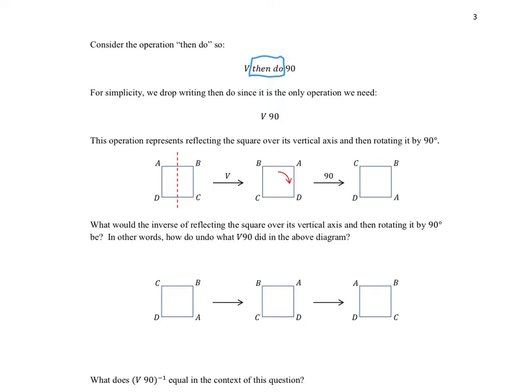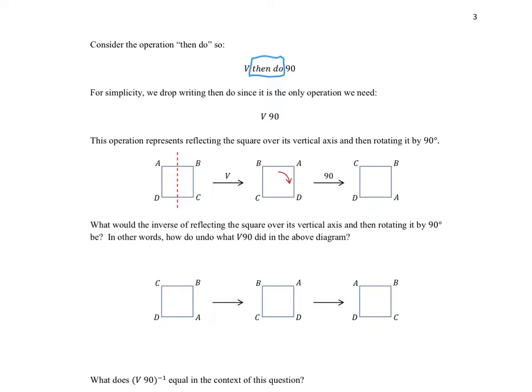Just like when the context of our multiplication is clear, we don't write the multiplication symbol every single time. We're going to pull that same trick here because in the context of this lecture, we're only talking about symmetries. So we're dropping the "then do" symbol for simplicity.